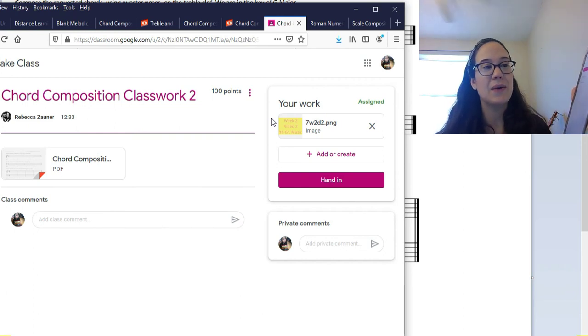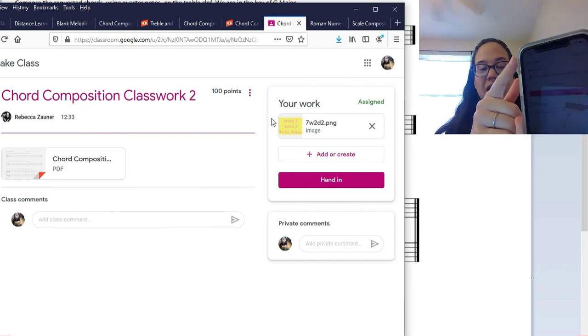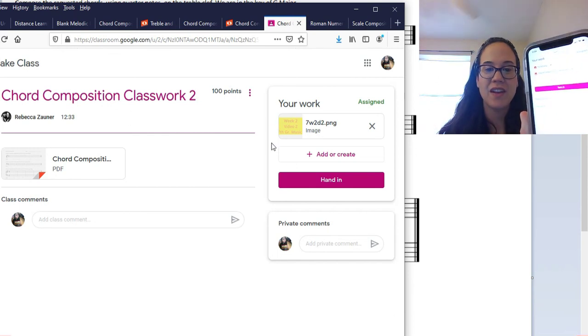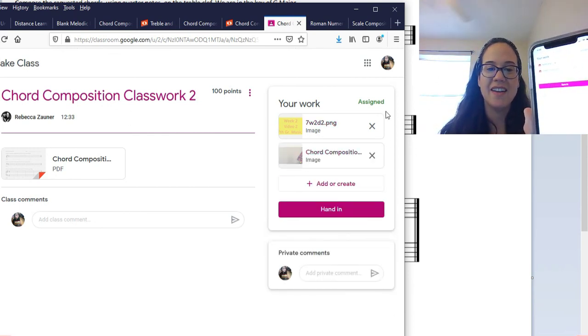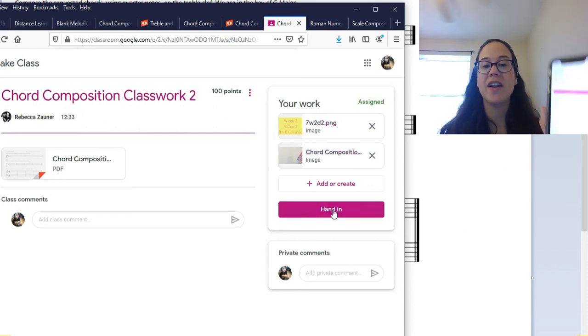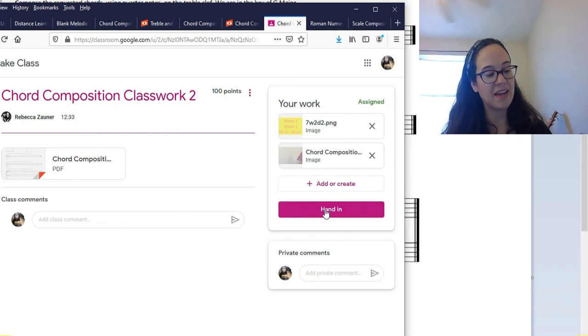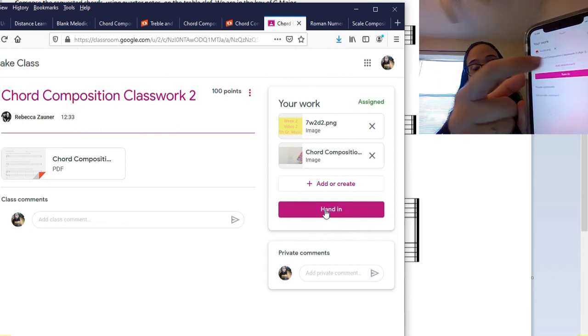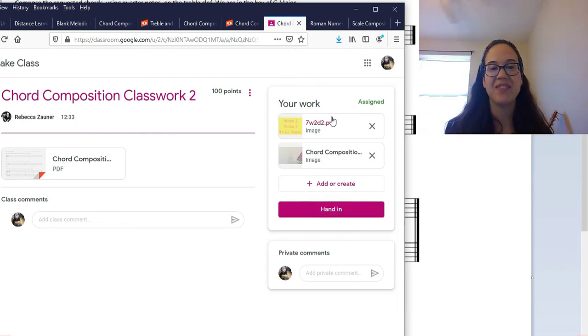So it is loading. Yep, I have both of them here on my phone. I'll wait for this one. There it is. It has refreshed. I have a photo and an image from the computer. If I want to click hand in on the laptop, I can. If I want to click turn in on the app, I can.